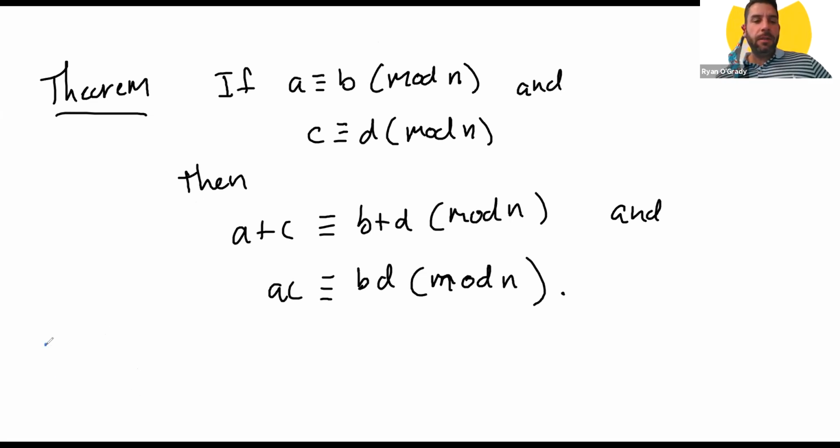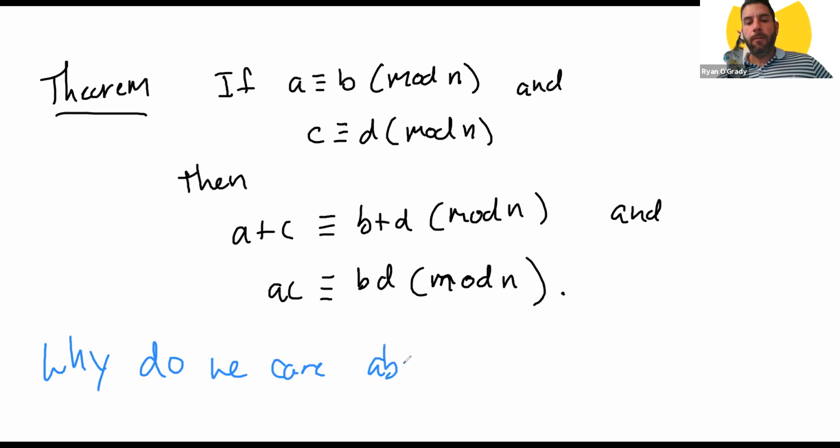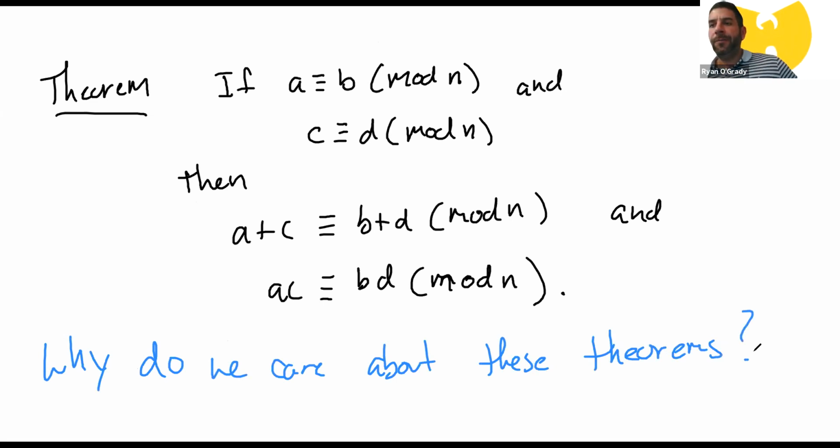All right, so look, let me try to slow down for a second. Why do we care about these theorems? There has to be a means to the end, right? What we're interested in is developing some sort of arithmetic so that we can solve problems. You might not see the light at the end of the tunnel yet, but what we're doing is developing tools to solve types of problems.